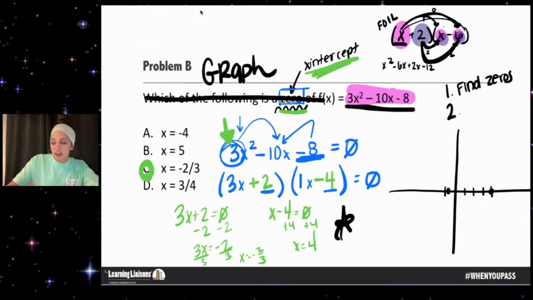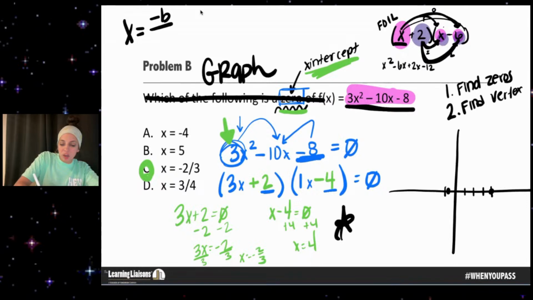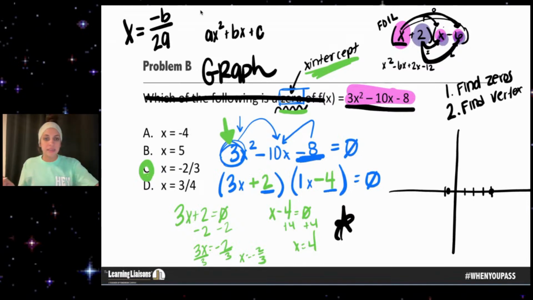Then I'm going to find my vertex. With any parabola, you can find your vertex by doing this. x equals negative b over 2a, where a is attached to your x squared, b is attached to your x, and c is by itself.